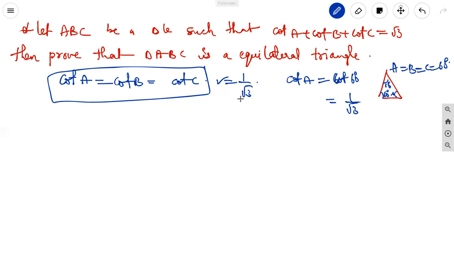So keep in mind: to prove the equilateral triangle, we can show that cot A equal to cot B equal to cot C equal to 1 by root 3. Then only angle A equal to B equal to C equal to pi by 3, so that becomes the equilateral triangle.